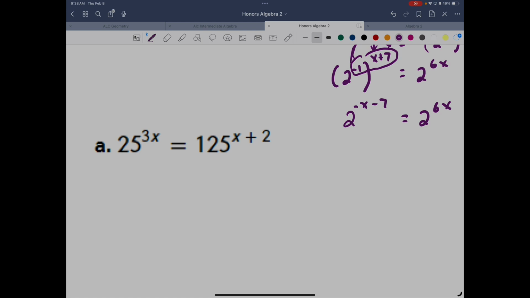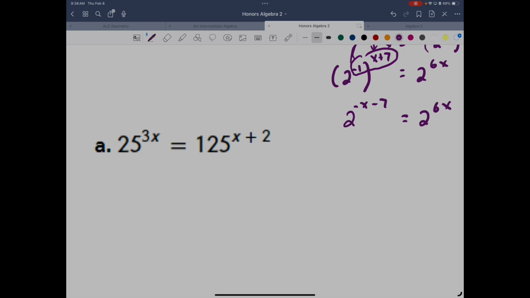So if I think about what a base could possibly be, well, in some cases you can switch one, in some cases you have to switch two. We have to have a common base, and we've got to figure out what's a common base with 25 and 125. It would be 5, right? 25 is 5 squared.